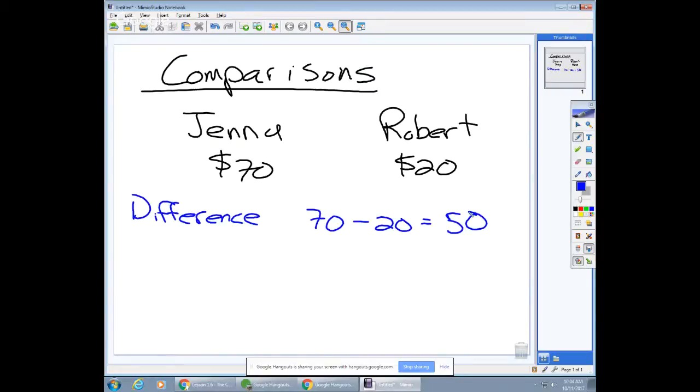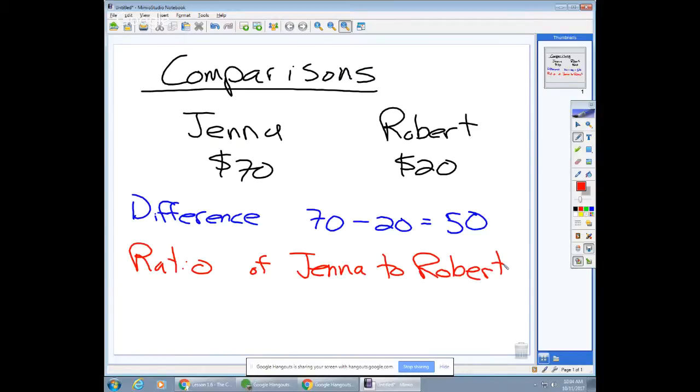The other thing we can do to talk about the difference of values is to talk about their ratio. So I can try to find the ratio of Jenna to Robert. Generally, the way we speak the ratio is the same way that we calculate it. If I say Jenna to Robert, the ratio is literally Jenna divided by Robert.